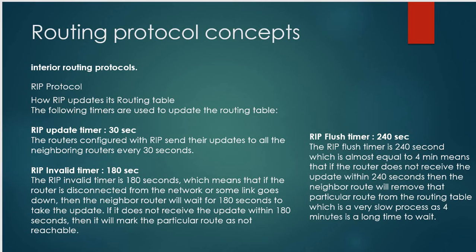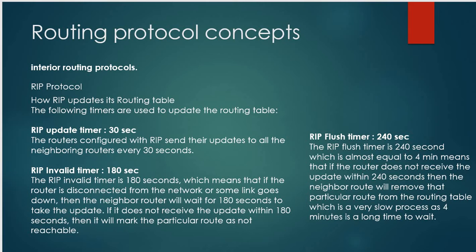It means that if the router does not receive the update within 240 seconds, then the neighbor routers will remove the particular route from the routing tables, which is a very slow process, 4 minutes is a long time to wait.